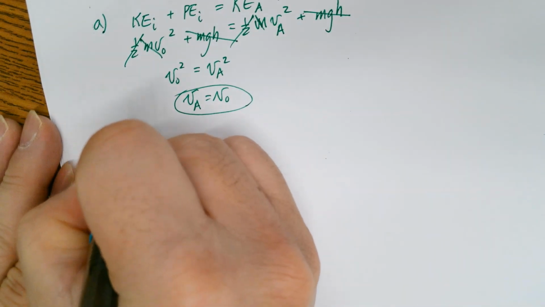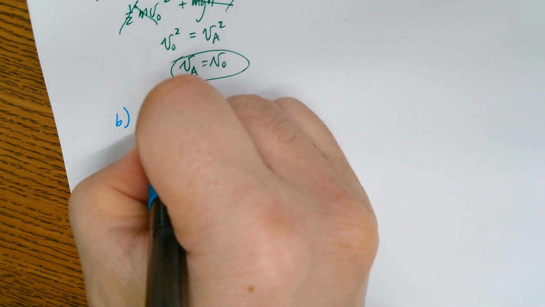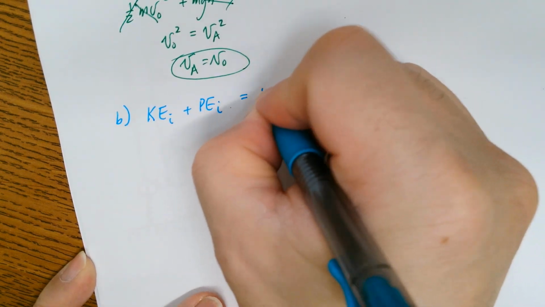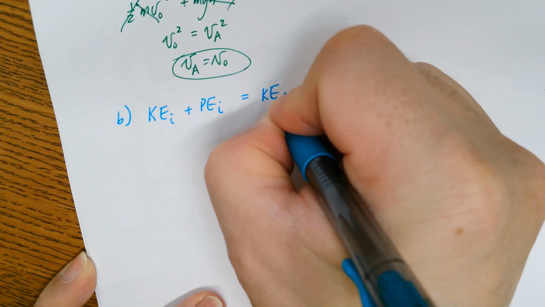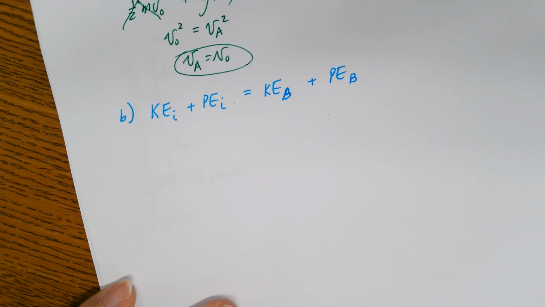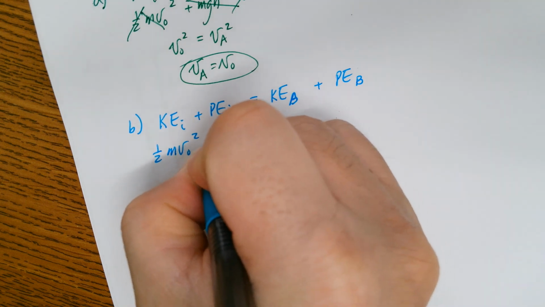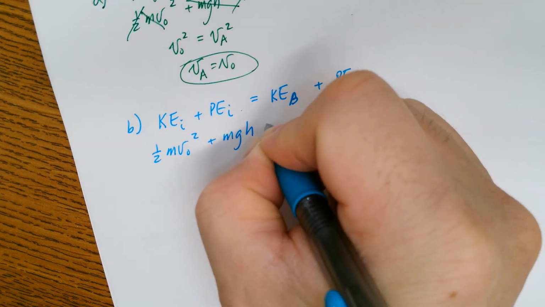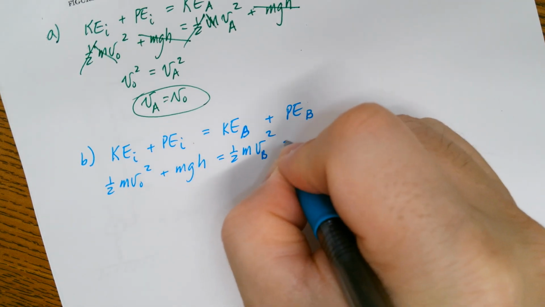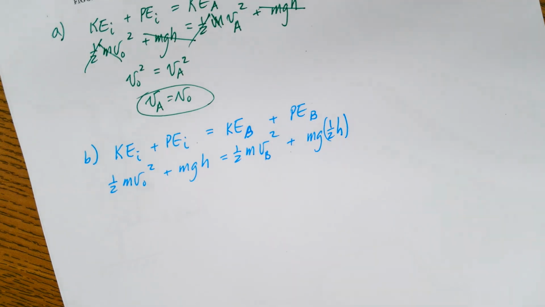So for part B, you have kinetic energy initial plus the potential energy initial is equal to kinetic energy at B and potential energy at B. Therefore, 1/2 m v naught squared plus mgh is equal to 1/2 m v at B squared plus mg 1/2 h.